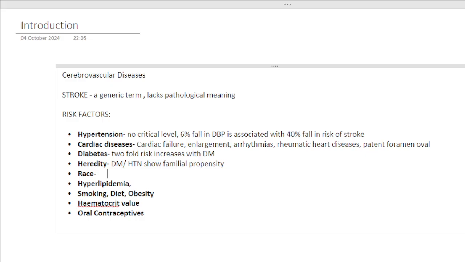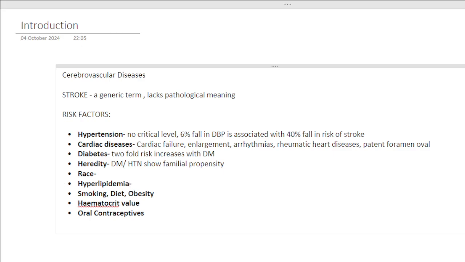Okay, race. If we talk about race, alterations in lifestyle, diet and environment probably explain the geographical variations more than the racial tendencies. So it's basically a change in lifestyle. Now you come to hyperlipidemia.